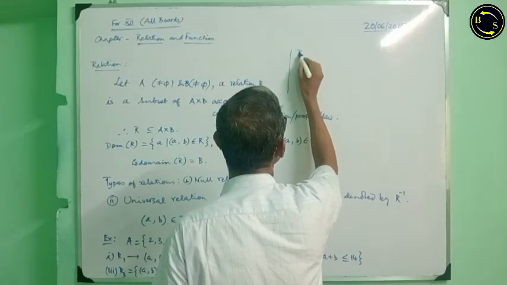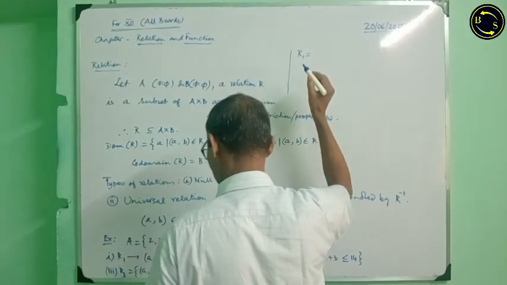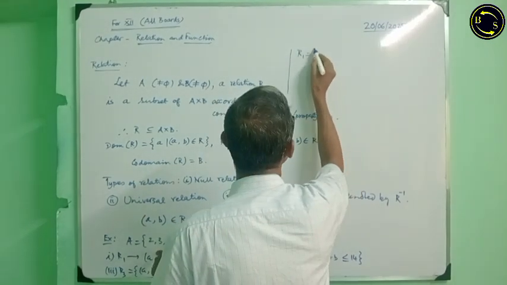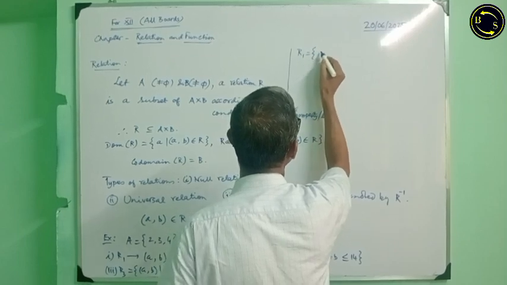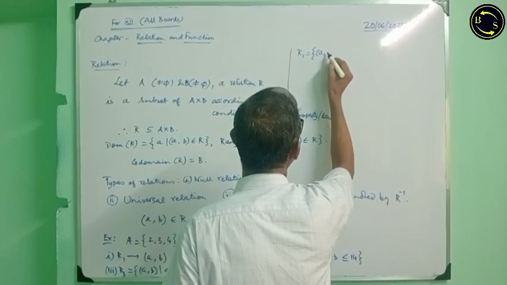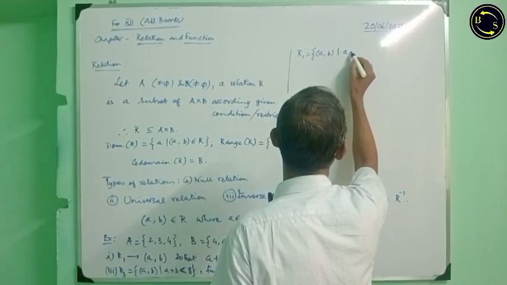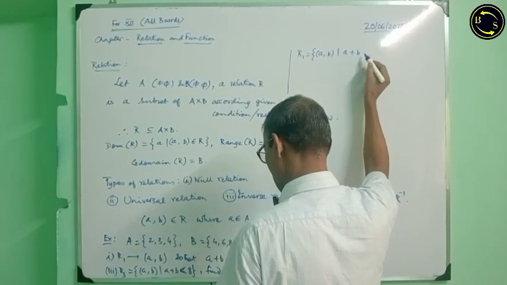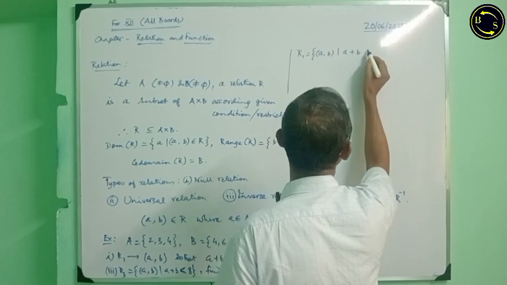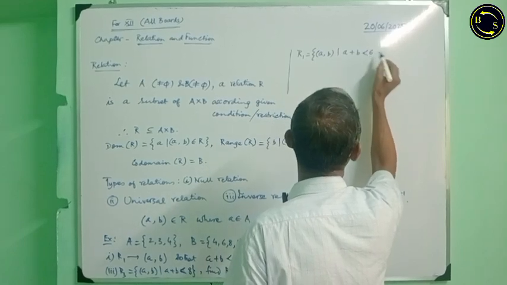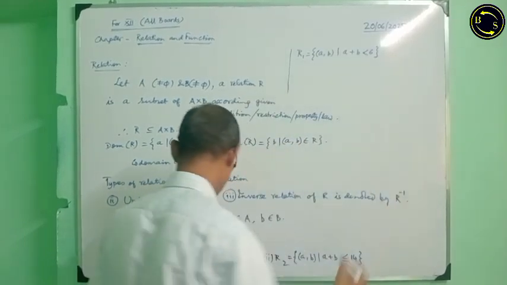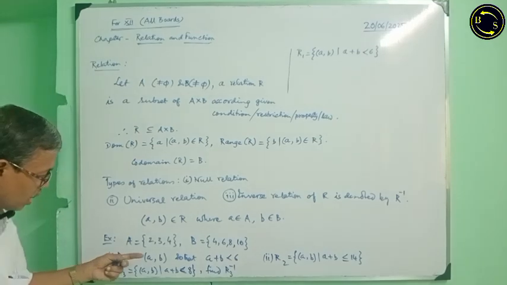R1 is equal to the set of ordered pairs (A, B) such that A plus B less than 6. Now let us think.